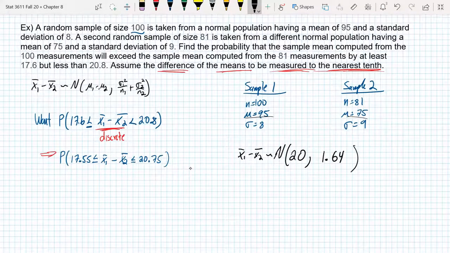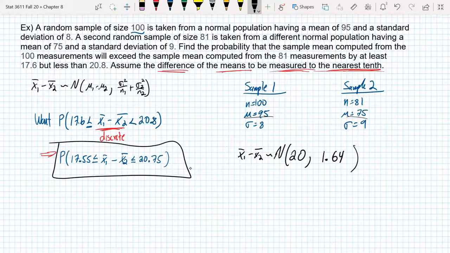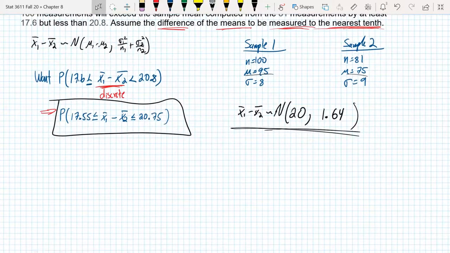So we are looking at solving this probability right here, that follows this normal distribution. And so now we can go ahead and try to convert this to a standard normal distribution question. Let's work through that then. We're looking for the probability.